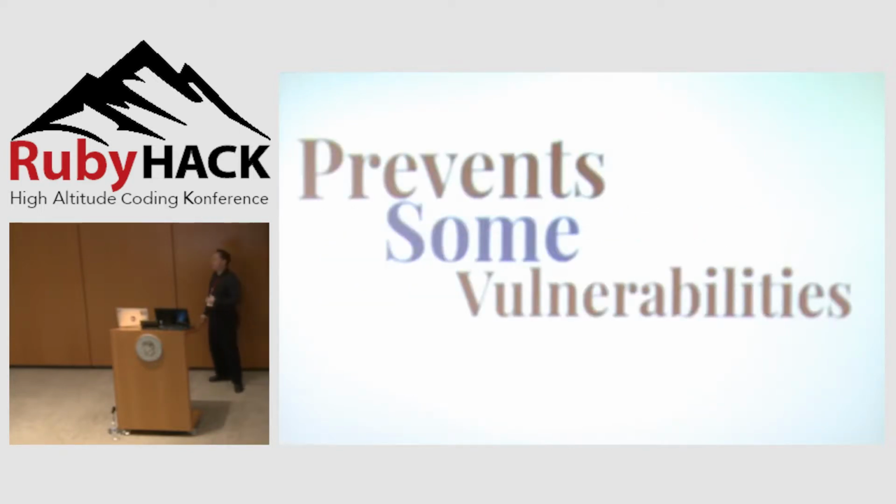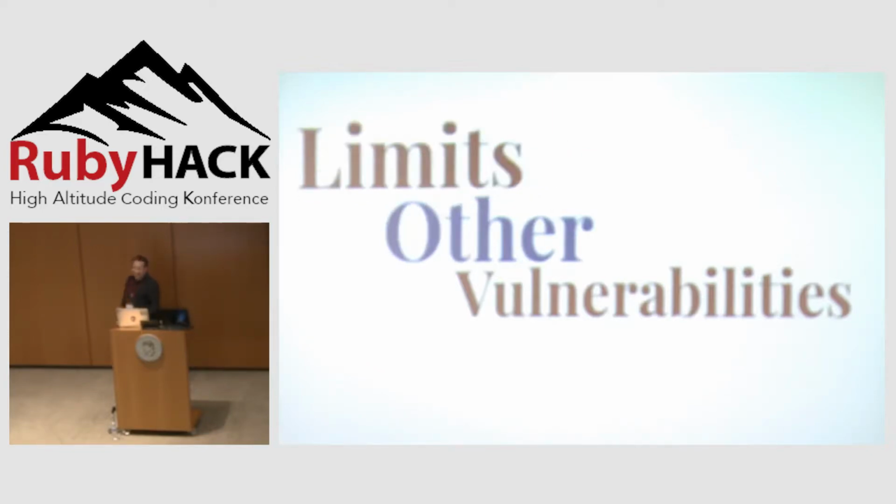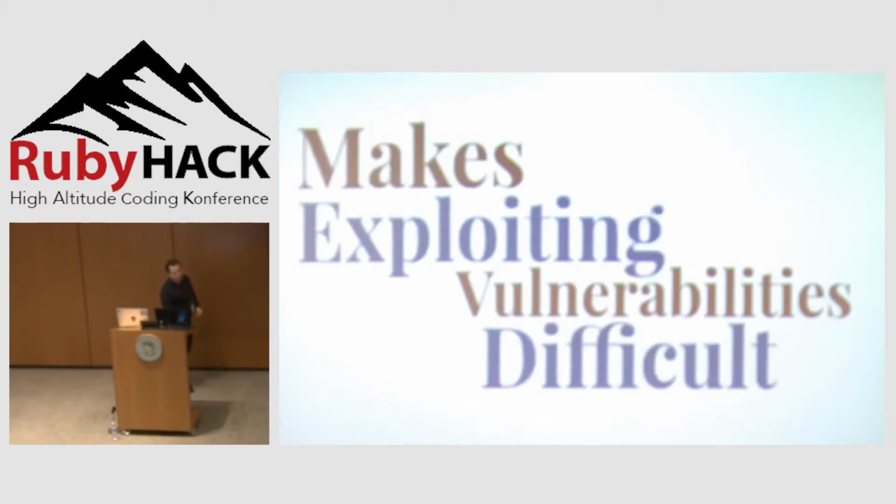So chroot can prevent the exploitation of some vulnerabilities, such as arbitrary file execution, and it significantly limits the effect of exploiting some other vulnerabilities, such as arbitrary file reading and file writing. Chroot makes the exploitation of most other vulnerabilities more difficult.